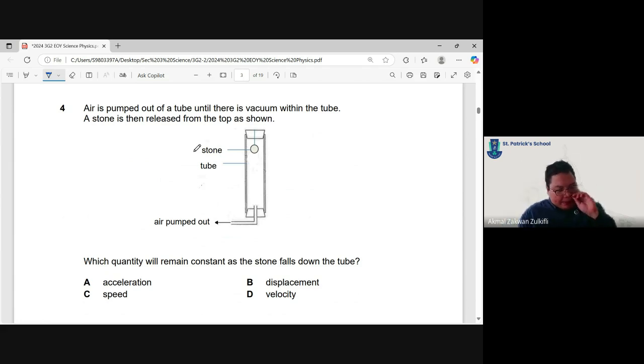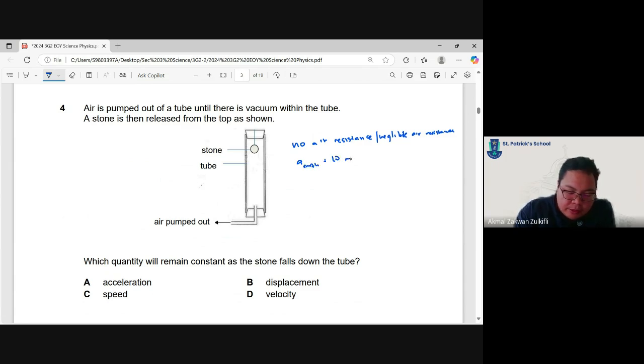This one, always remember that acceleration, when there is no air resistance, or negligible air resistance, on Earth, the acceleration on Earth will always be 10 meter per second squared. Constant. It will always be constant.